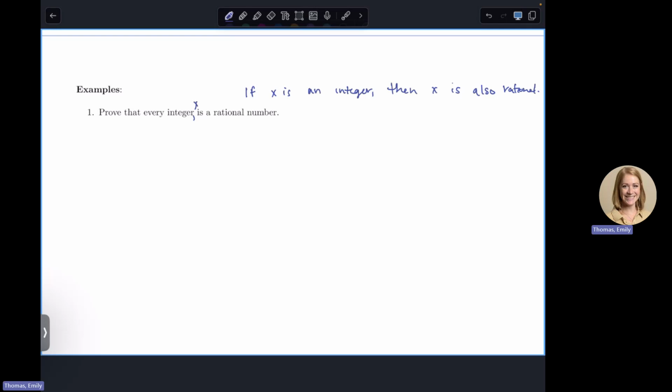Okay, so our scratch work, if we were going to do any, what do we get to assume? Yeah, we get to assume that x is an integer. And what is it that we want to show?